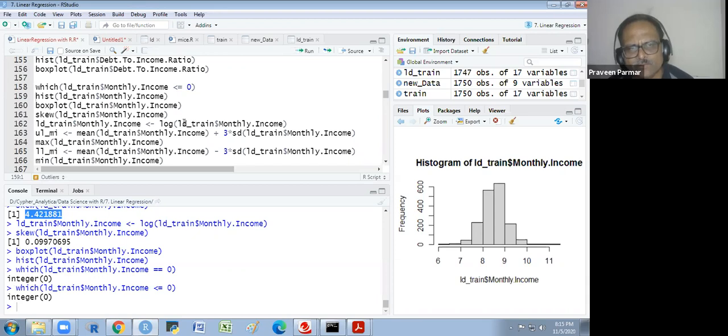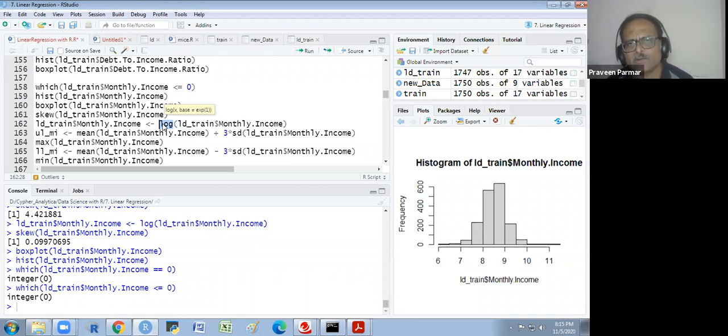If I use the square root function, I could see how much it controls it. But for that, I have to run the whole process again, so I'm not doing that. You do it yourself and see how much it controls the skewness. Square root function, then cube root function.